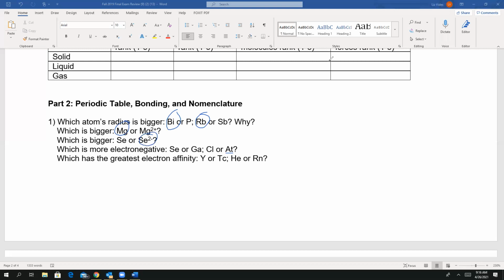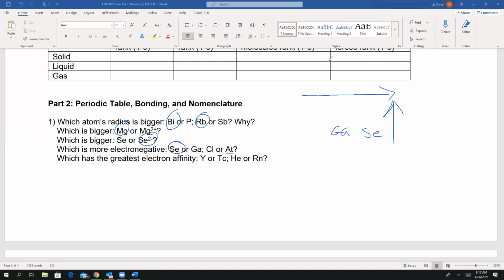Then which one is more electronegative? Electronegativity increases going left to right and up towards fluorine. So if gallium is right here somewhere and selenium is right here somewhere, obviously selenium is going to be more electronegative, right?